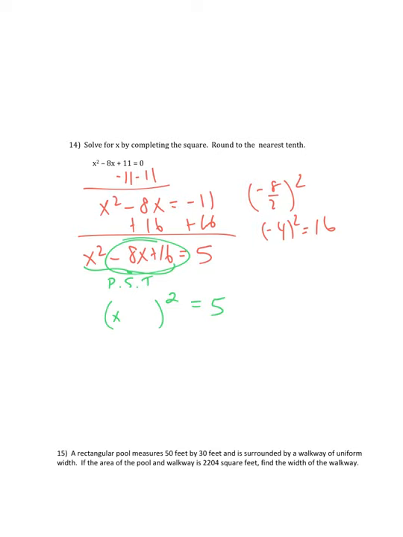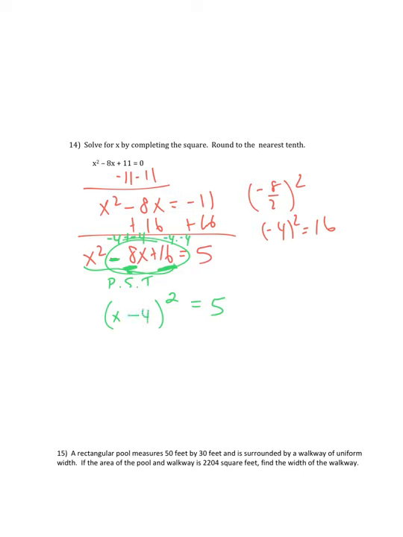What number comes to mind when you look at 8 and 16? 4 should come to mind. 4 plus 4 is 8, and 4 times 4 is 16. So it's going to be the same number added with itself to give you the 8, and the same number multiplied with itself to give you the 16. But this is a negative, so it's actually negative 4 plus negative 4 that adds up to negative 8, and negative 4 times negative 4 that gives you the 16. So this is x minus 4 squared.